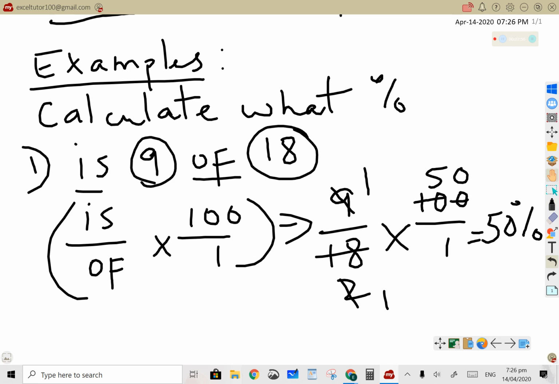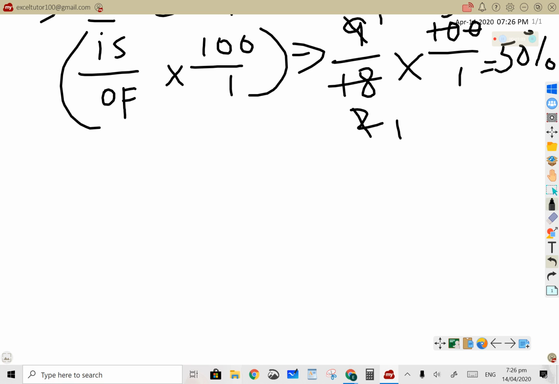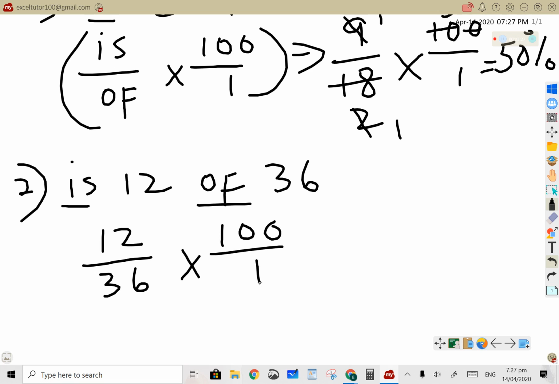Okay, so we look at another example. Number 2, we have is 12 of 36. So again we have "is" and we have "of". 12 over 36 multiplied by 100 over 1. 12 into 12 is 1, 12 into 36 will be 3.